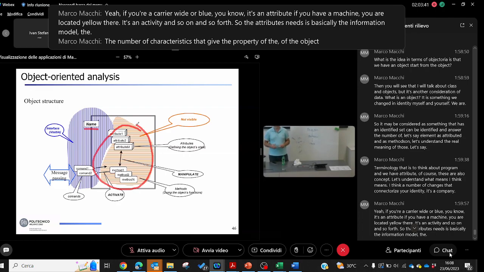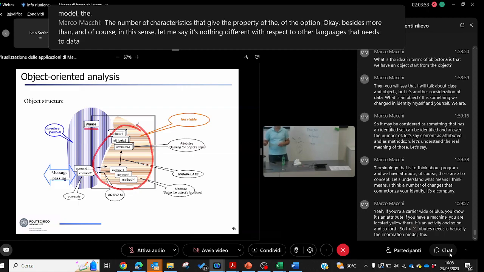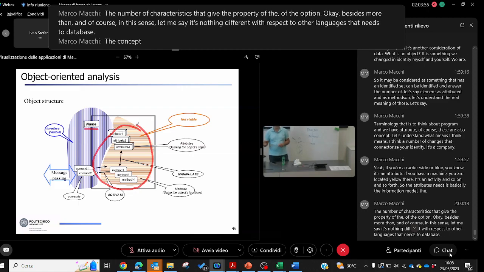Okay? Besides the identity, it's more than that. And of course, in this sense, it's nothing different with respect to other languages that relate to databases. The concept of an entity that has an identity and some attributes is also valid for entity relationship.